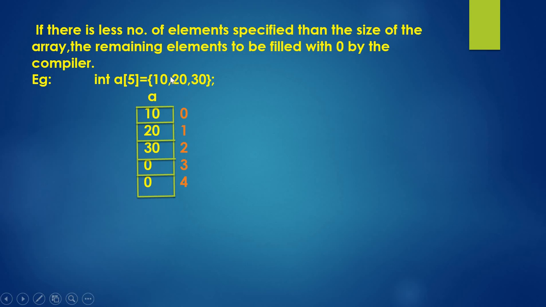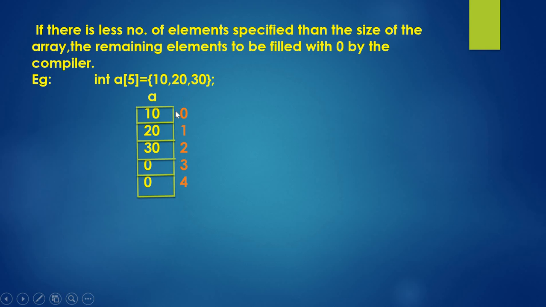In this example, we are storing only 3 values, 10, 20 and 30, but the maximum number of elements is 5. In such a case, the remaining elements are filled with 0 by the compiler.